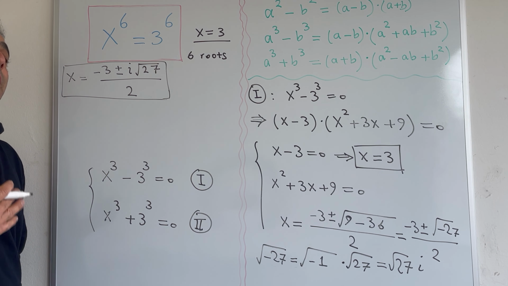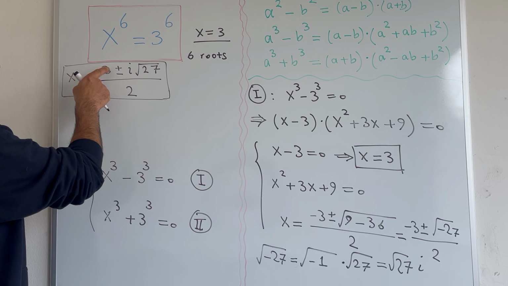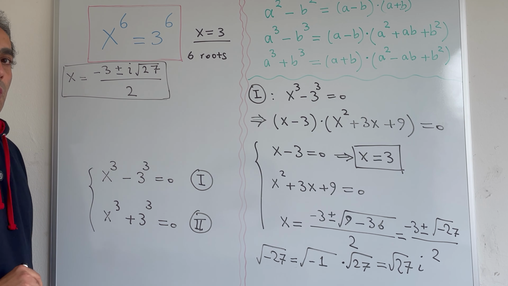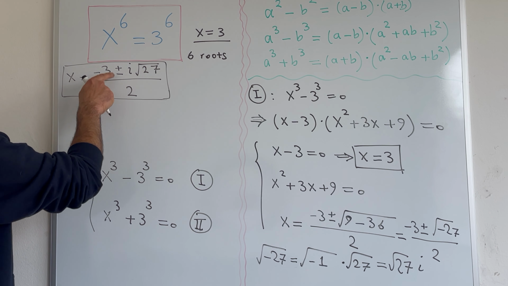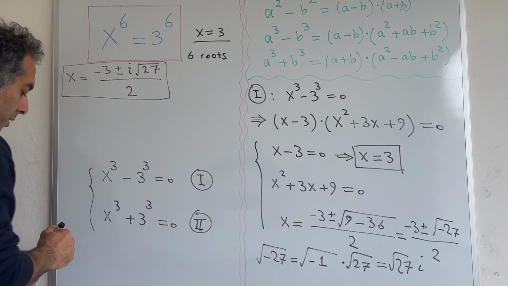These are the second and third roots. So first one, second and third, because it's plus minus, 2 imaginary roots.